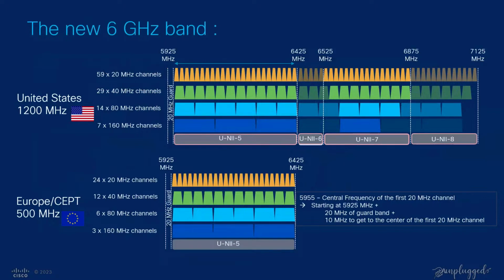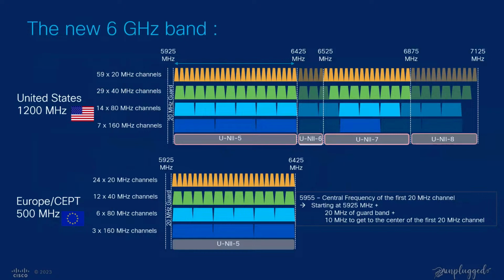Now, it may be changing in the future in Europe. There are some decisions that need to be made by the World Radiocommunication Conference. You'd expect that could increase the spectrum in Europe. It could end up being, say, 1.2 gigahertz, similar to what we have in the United States. But let me direct you back to the FCC domain here, the 1.2 gigahertz.